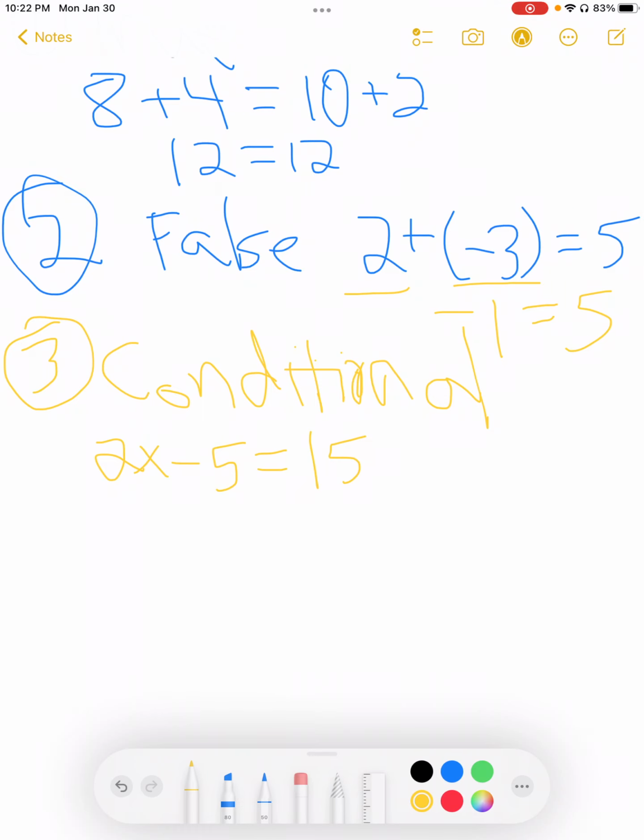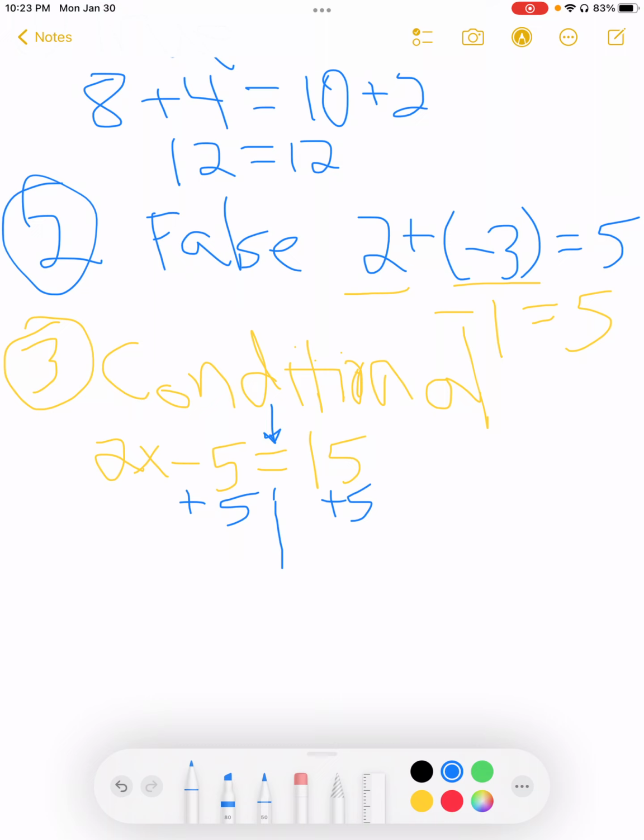Then, to solve this, we said our equations are balances. So this equal sign in the middle is a little balance. You know what a scale is that balances maybe. So then over here, I'm going to say, well, I want to find x, so I'm just going to add 5 to both sides, so plus 5. And then when I do that, this is like my dividing line here.